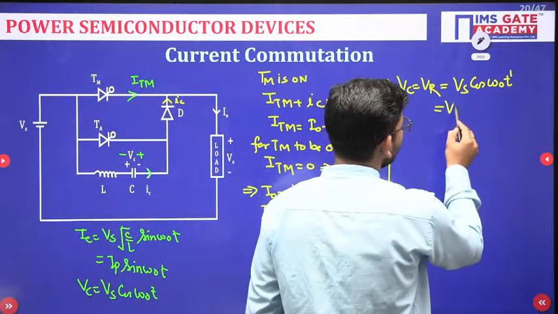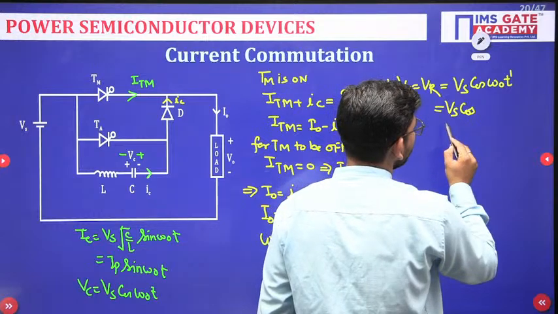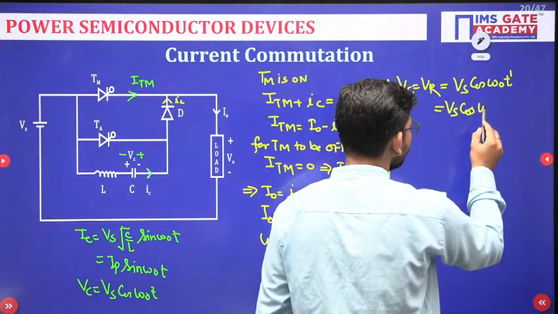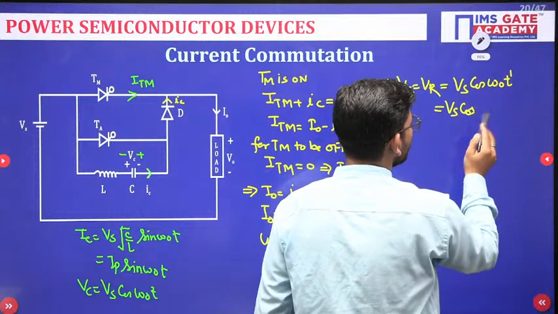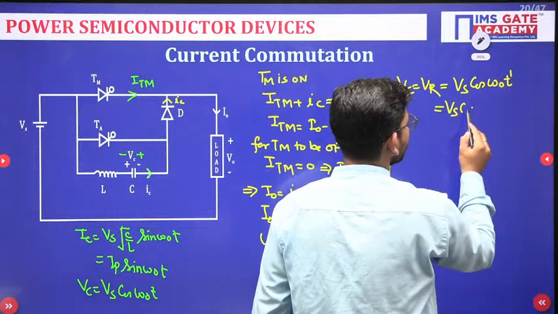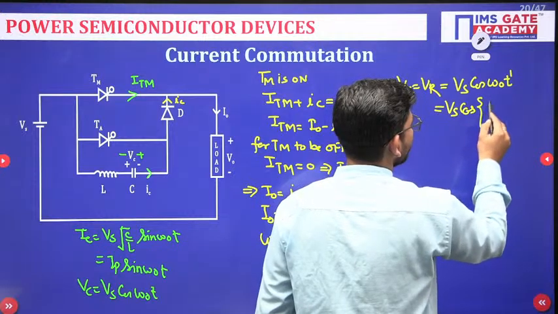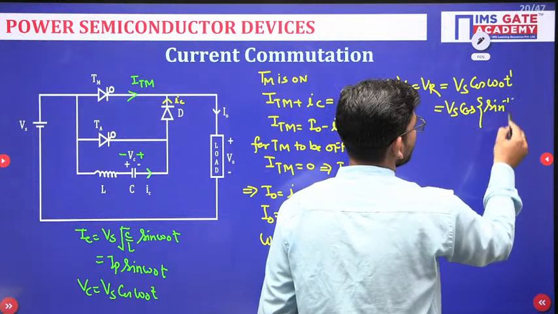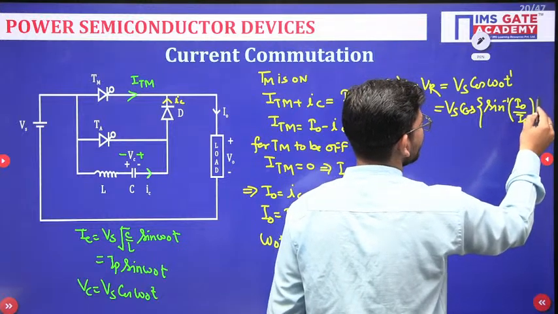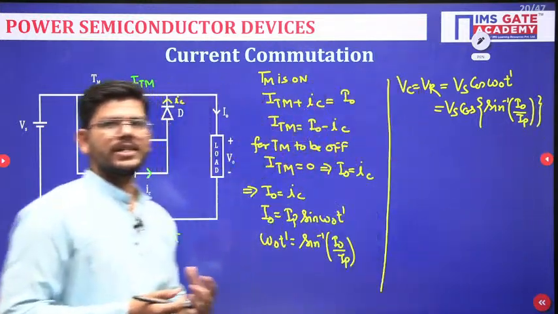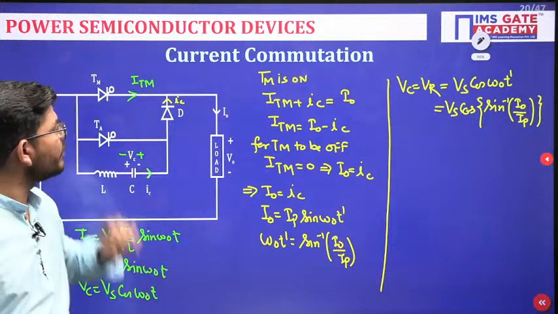Now if we put this value, we get Vs cos of sine inverse I naught over IP. So this is how you calculate how much voltage the capacitor has applied to turn off the switch.